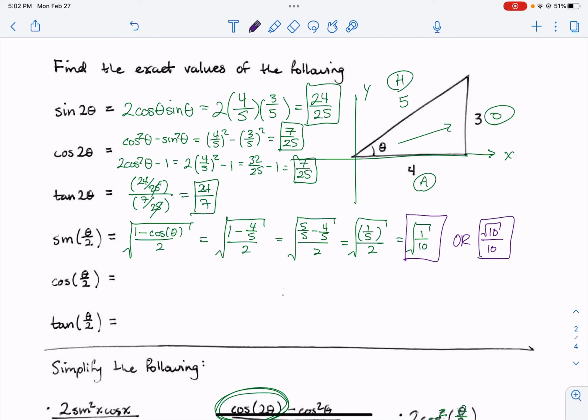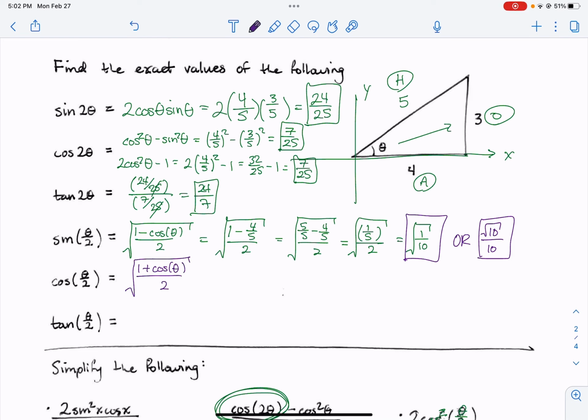I know that a lot of these fractions and square rooty things kind of make some people nervous. Anyway, you could leave it as square root of 1/10, like this one if you wanted to. So let's keep going, right? Cosine of theta over 2, that's the other formula. So we have the square root of 1 plus cosine of theta over 2.